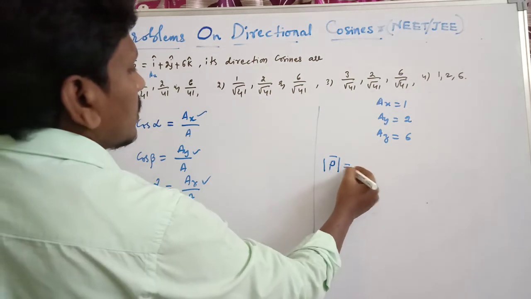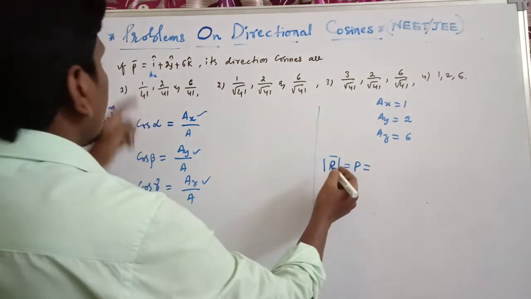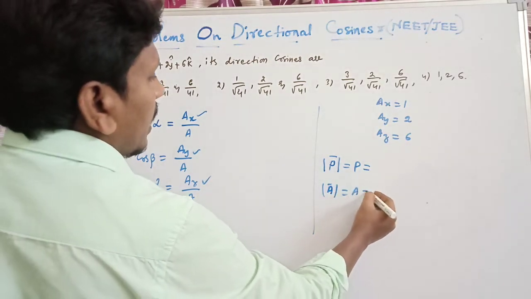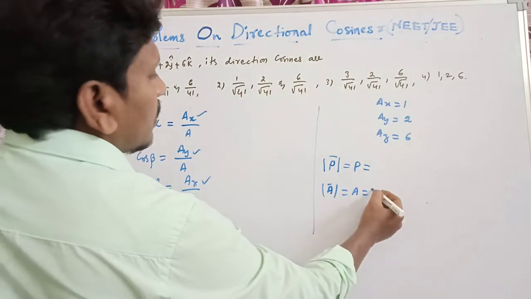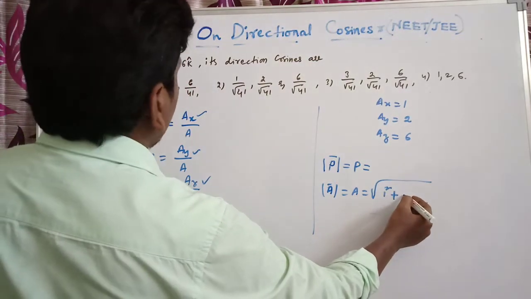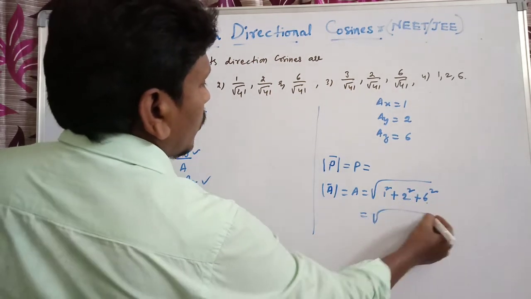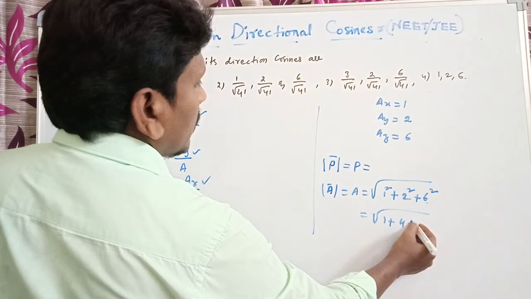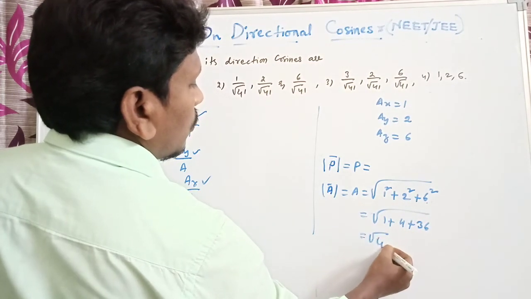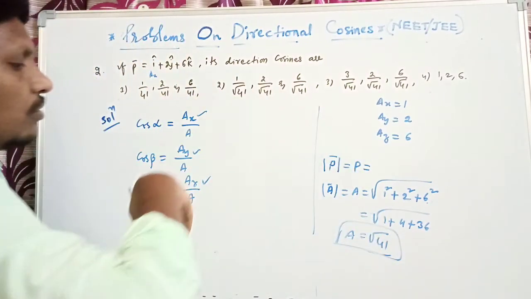Instead of p we are writing it as a bar. So a is equal to the square root of 1 square plus 2 square plus 6 square, square root of 1 plus 4 plus 36, this is 40 plus 1, root 41. Yes, we got it. A is equal to root 41.